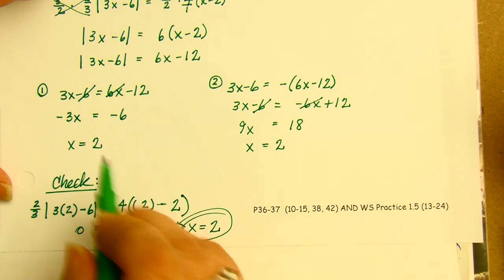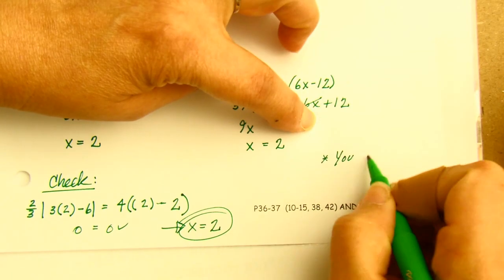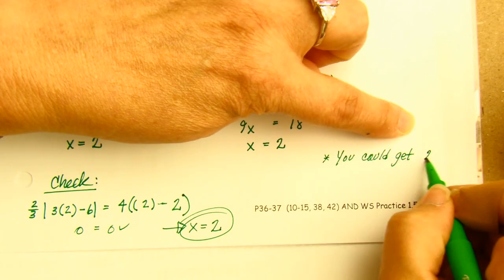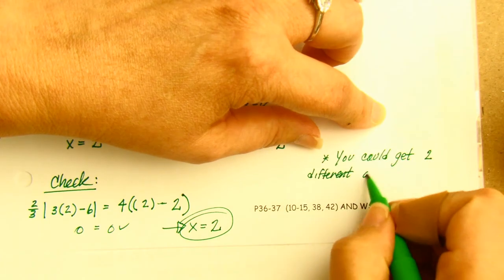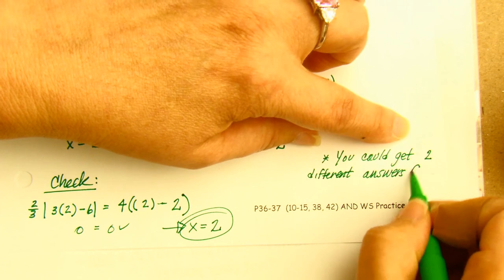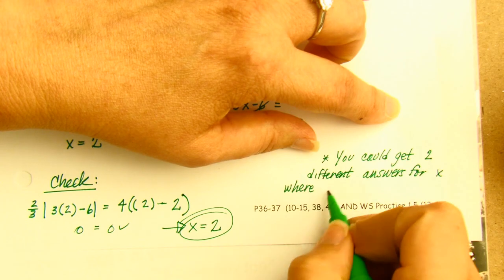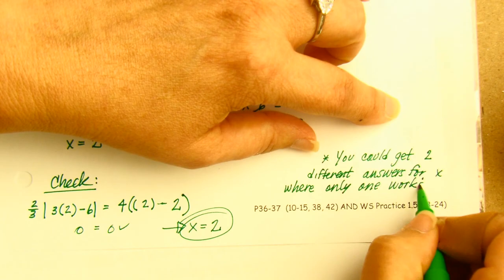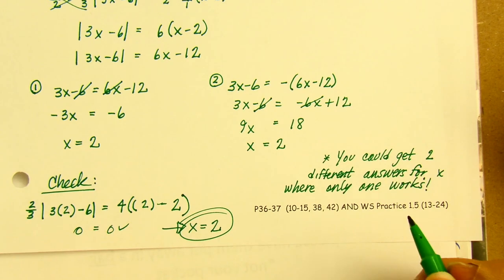Now keep in mind, this is not always going to happen where you're going to get the same output. You could get 2 different answers for x where only one works. If one works and the other doesn't, then you're going to call it an extraneous solution.